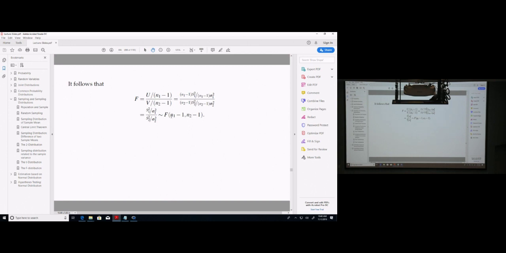But the F distribution, being the ratio of two chi-squares, has one degree of freedom from the numerator and another from the denominator. So we have to have two numbers to track it. Now, the convention is the first number refers to the numerator. The second number refers to the denominator. So if you switch the order, then it would not be right, all right?